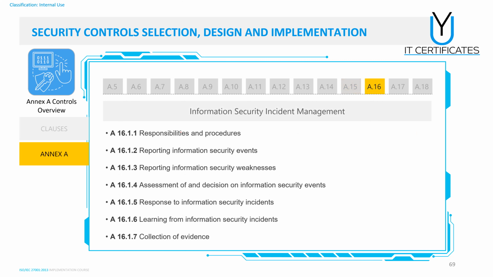We also have in A16 the information security incident management. Incident management is very important. We are a team responsible for responding to any incident or any case against security, or any event which affects security, confidentiality, integrity, or availability.